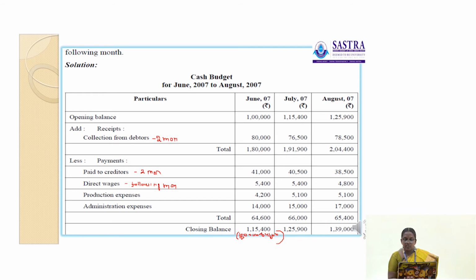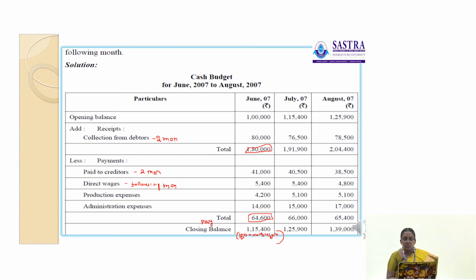So the net balance is 1,15,400. So 1,15,400 is the closing balance in the month of June. That is the opening balance in the month of July.